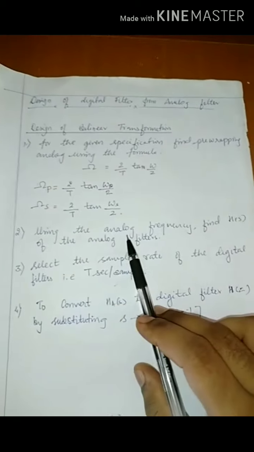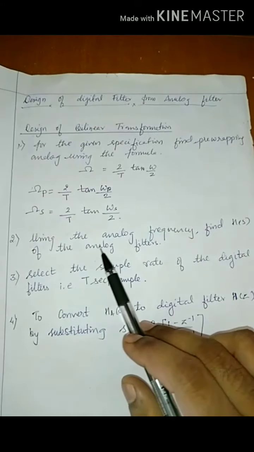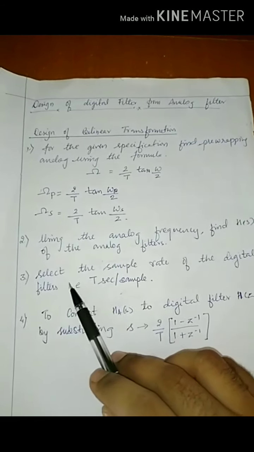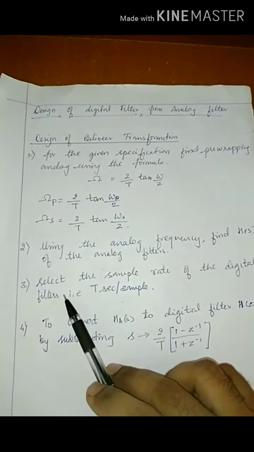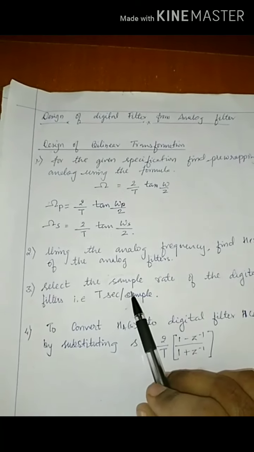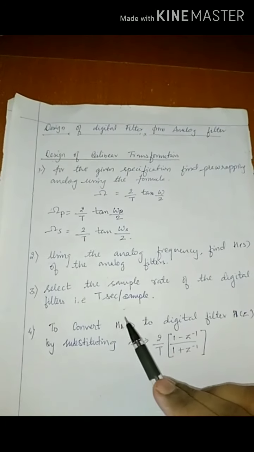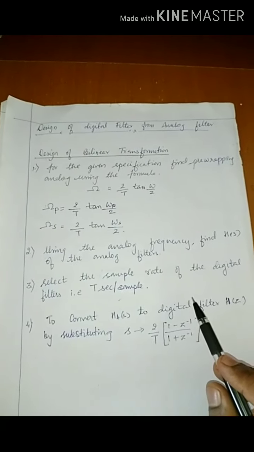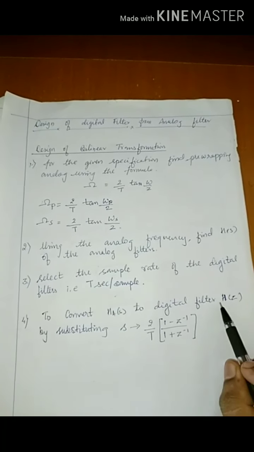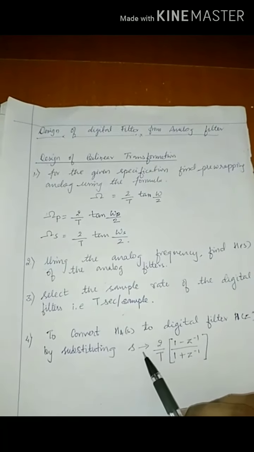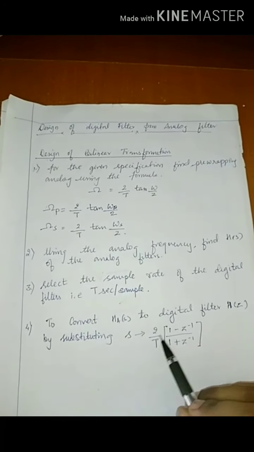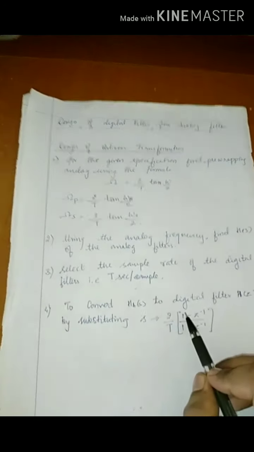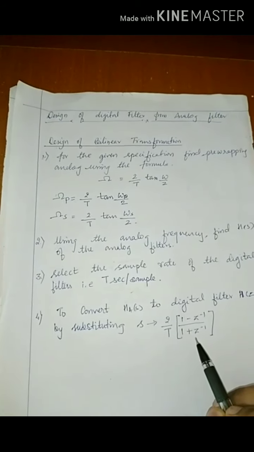Now using the analog frequency, find the transfer function of the analog filter. Select the sample rate of the digital filter, that is T, which is in seconds per sample. Now in order to convert the transfer function of the analog filter to the digital filter H of z, s is substituted by 2 by T into 1 minus z raised to minus 1 divided by 1 plus z raised to minus 1.